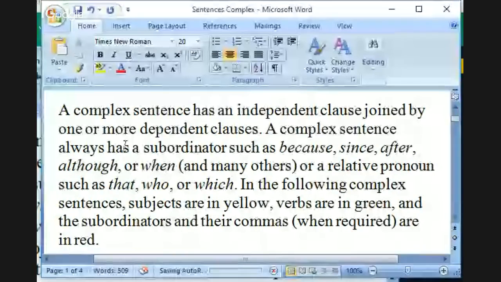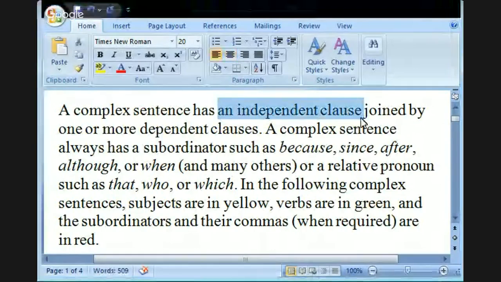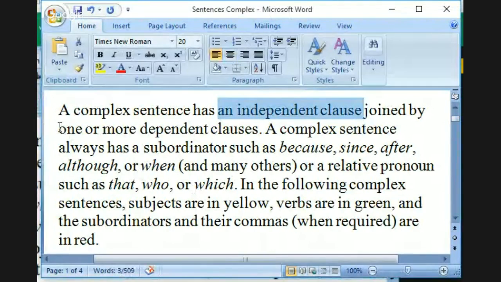Complex sentences. As I said, a complex sentence has an independent clause joined by one or more dependent clauses. In English, speaking of grammatical rules of sentence construction, it is possible to have a sentence with 80 billion words because you can continue to add clauses to a sentence.